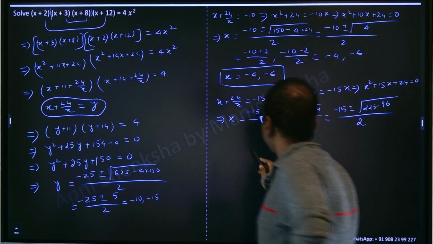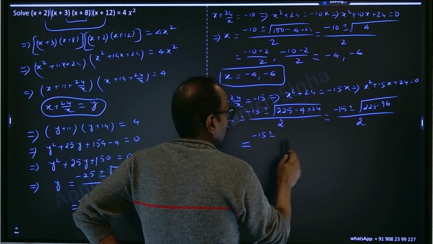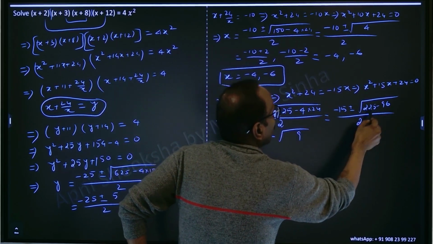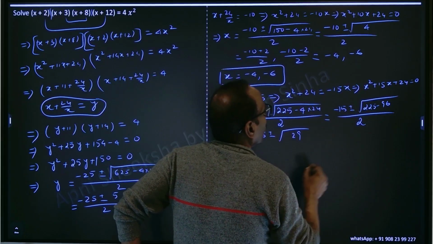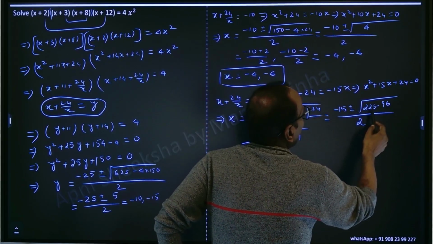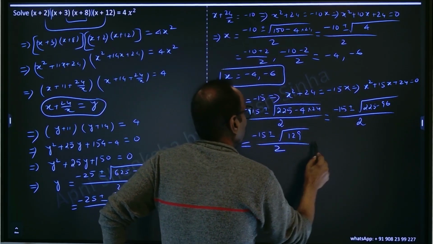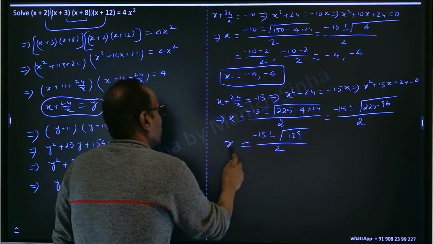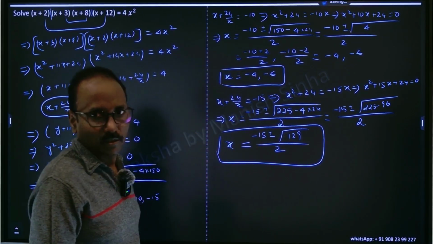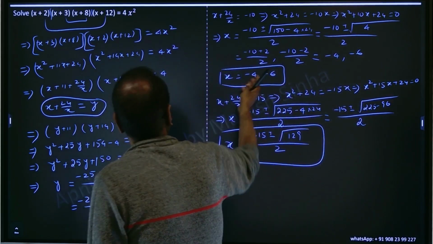This will be 129 by 2. So another root will be this. So these are the four real roots. 2 are irrational roots and 2 are rational roots.